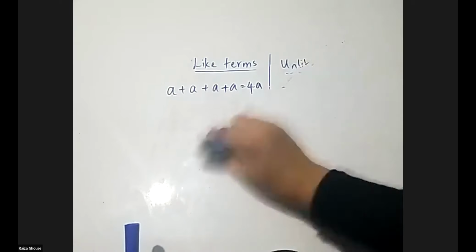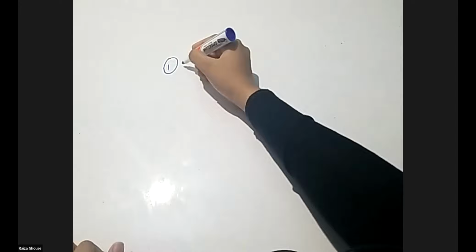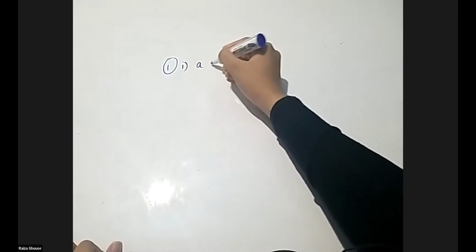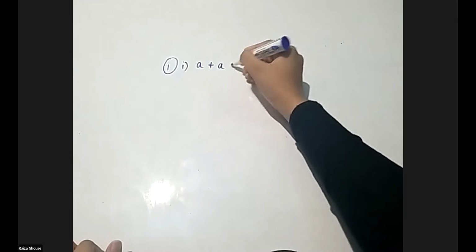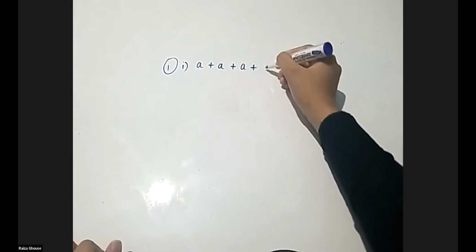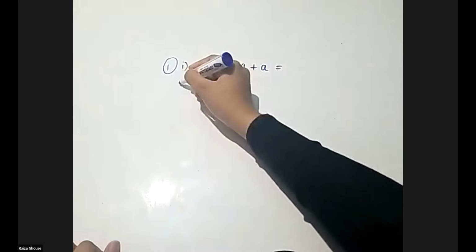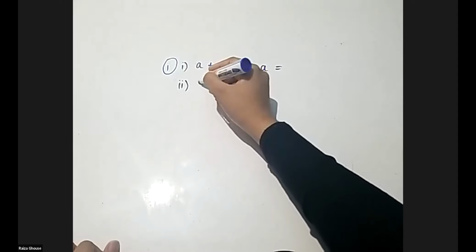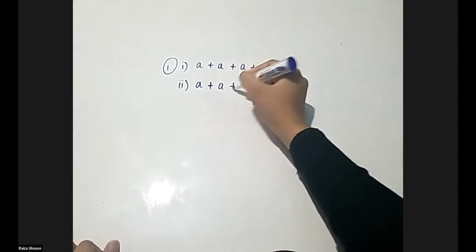Now I'll be putting the questions on the board while I'm writing. Copy them down and start your work. So this is your first question for the day. It's okay, I have done this already, but include it as a question. Simple questions are there.